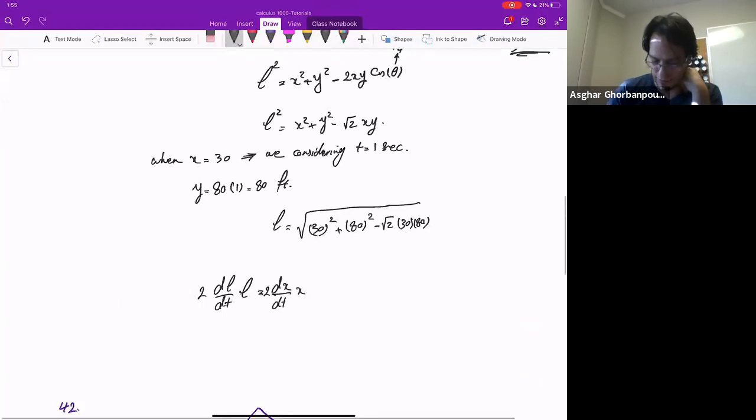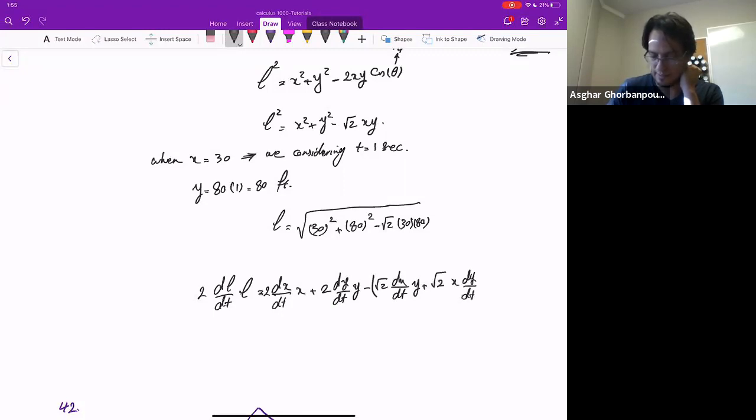So I should continue: 2y dy/dt minus root 2 dx/dt y plus root 2 x dy/dt.